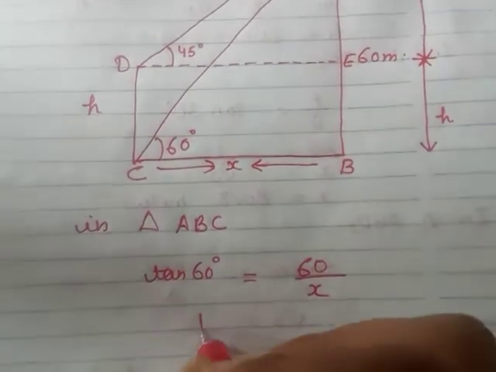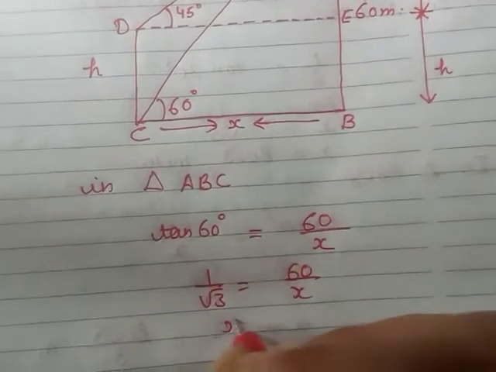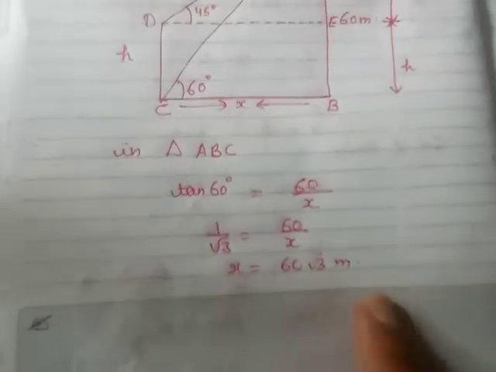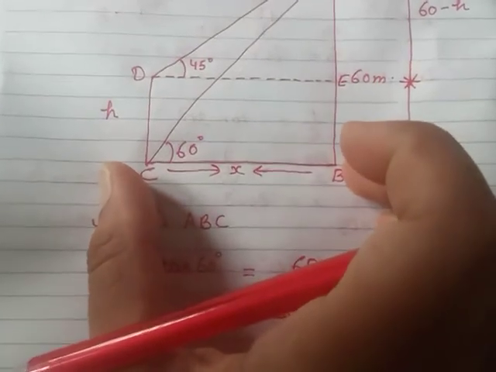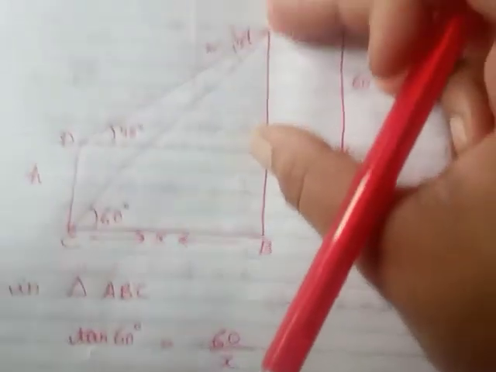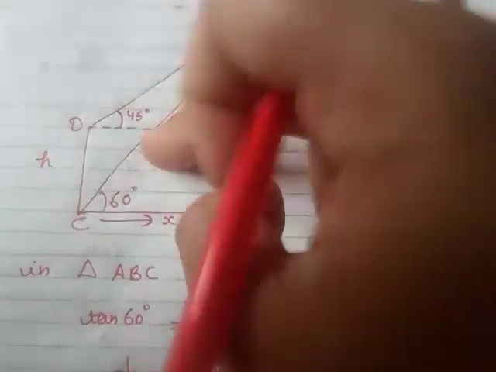Tan 60 is root 3, so root 3 equals 60 upon x. So x will be 60 upon root 3 meters. Now we have the length of the base, the distance between the tower and the building.